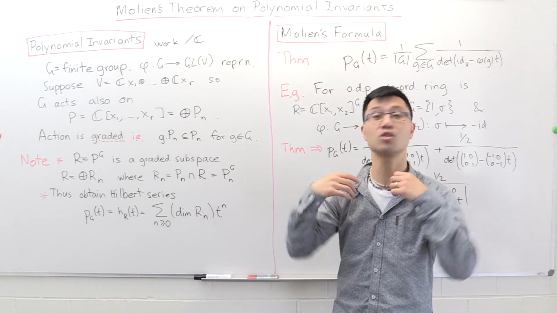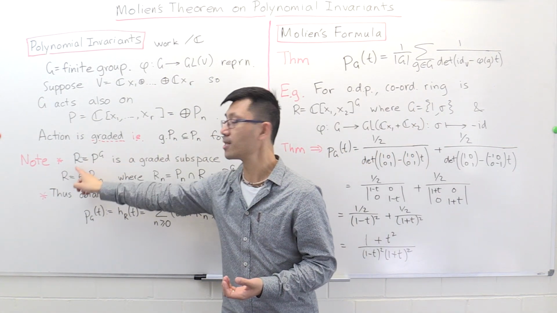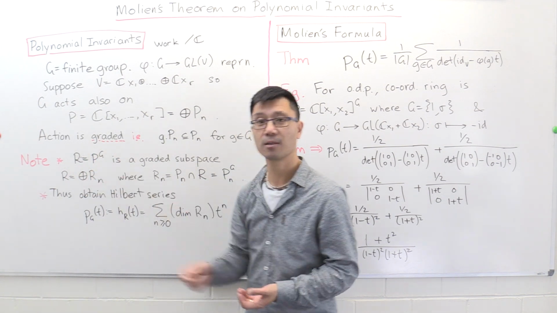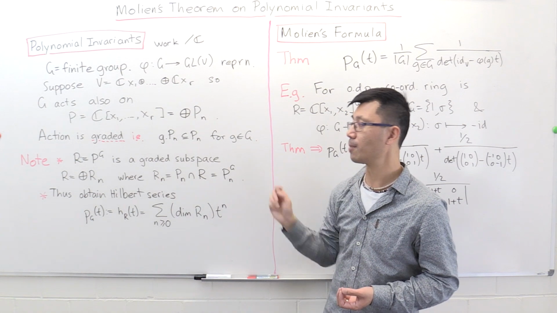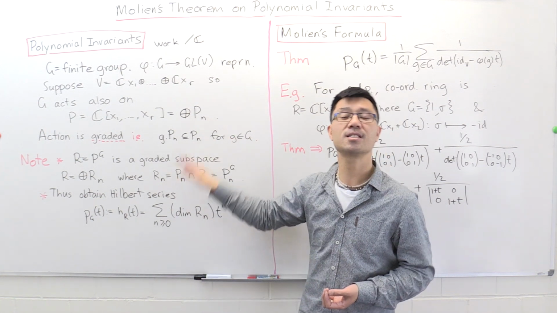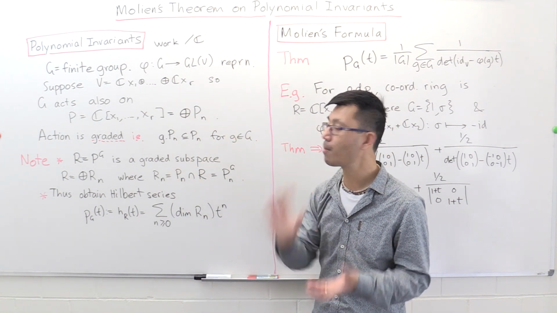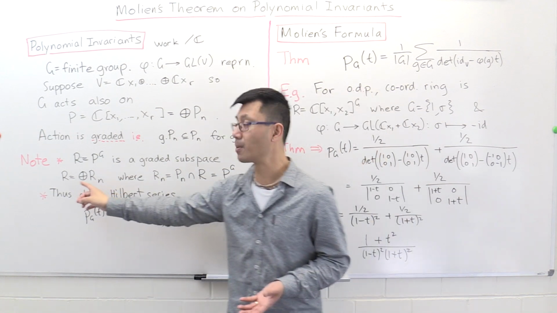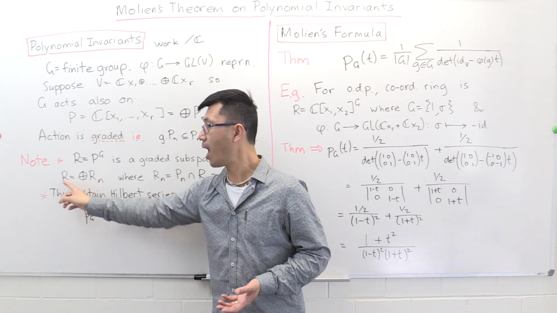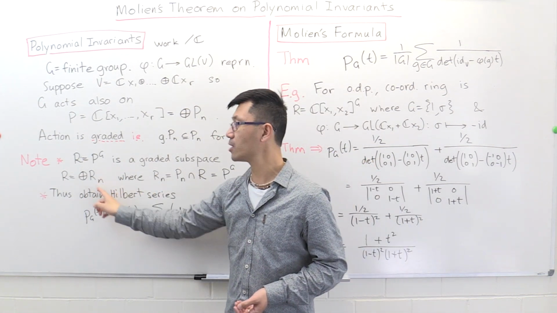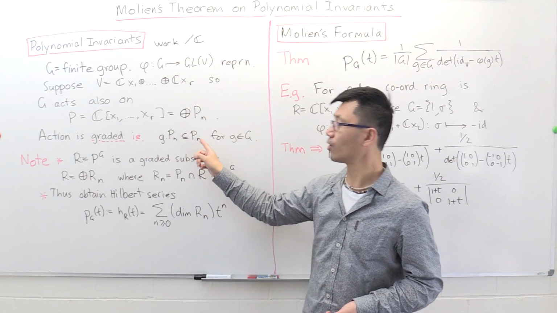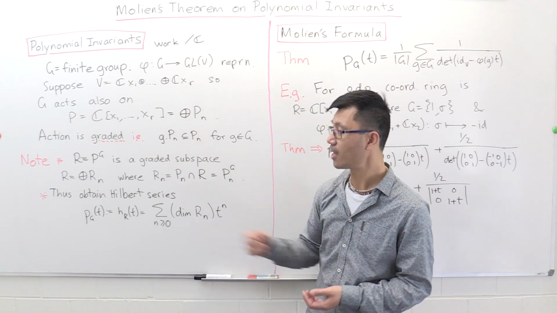Let's move on to the ring of invariants R. That's P^G, all those polynomials which are fixed by the action of all the elements of the group. The key point is that this is a graded subspace. Let's remind ourselves why that's true. To be a graded subspace means that R equals the direct sum of the Rn, and each of these Rn should be a subspace of the corresponding Pn.